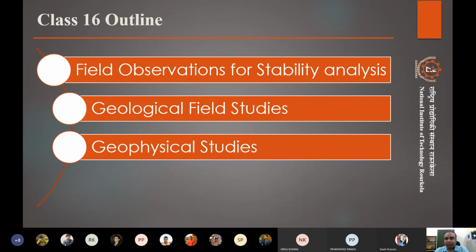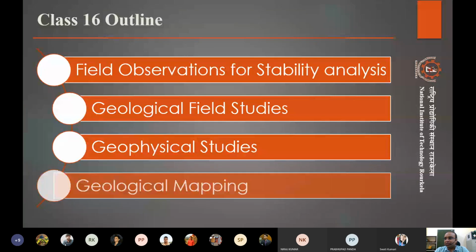Geophysical studies basically use the physical properties of the rocks, the soil or the ground in order to understand its properties. We'll discuss some of the kinds, how they are done, what the criteria are and so on. And if possible, we'll also cover some aspects of geological mapping.